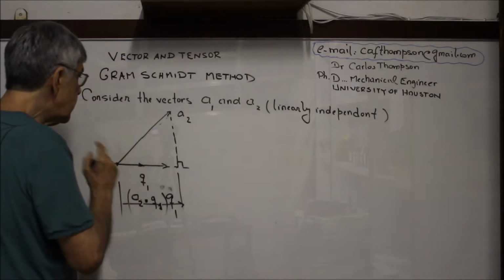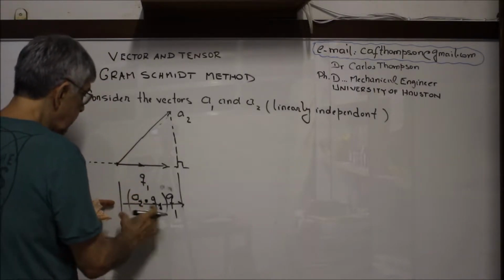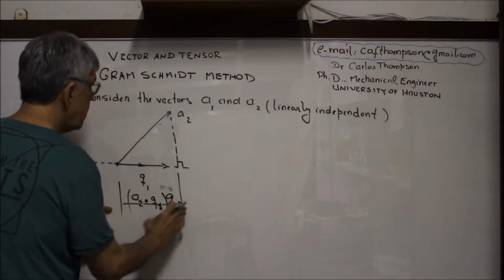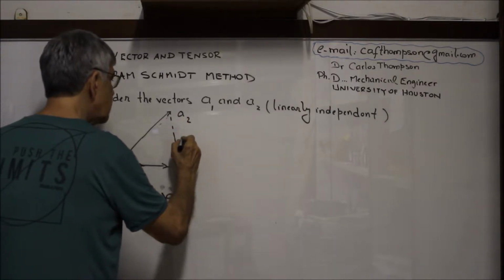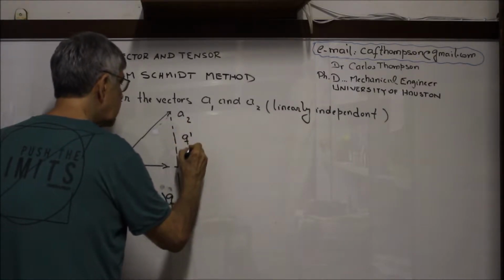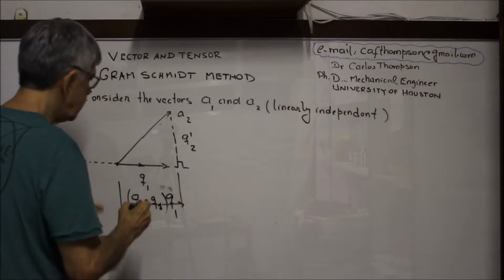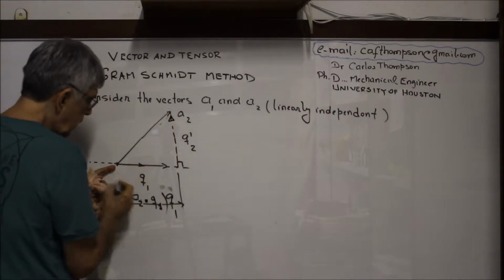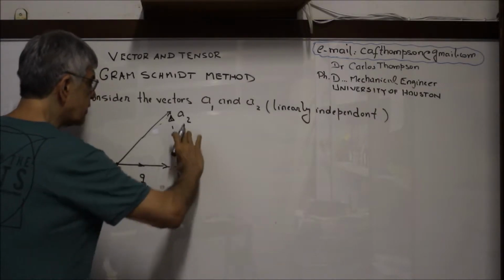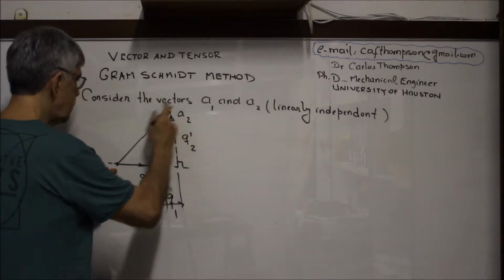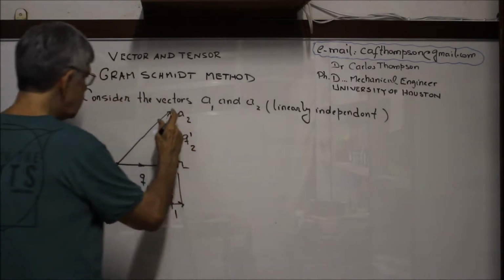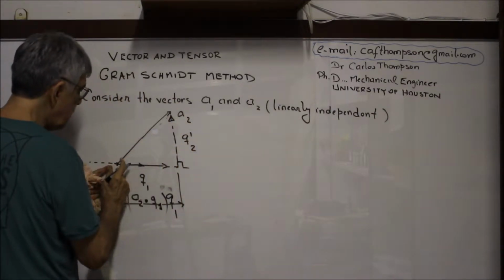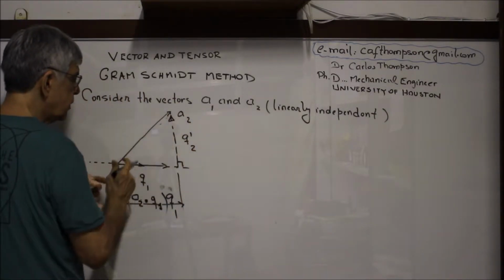Now, look how interesting it is. This vector plus this vector, let's call this vector K prime 2. Look, this vector plus K prime 2 is equal to A2. So A2 is the resultant. This is the sum of this vector with this vector.